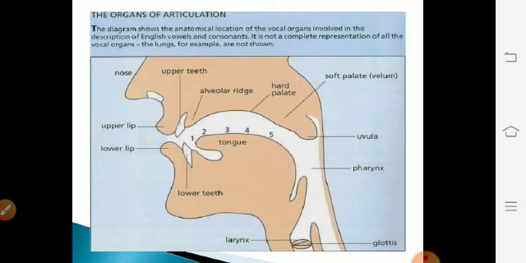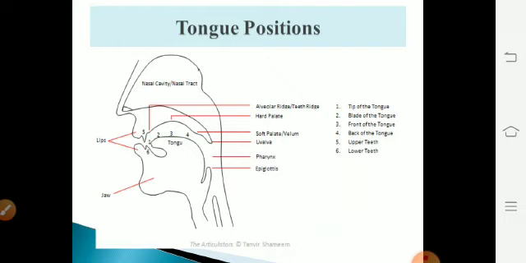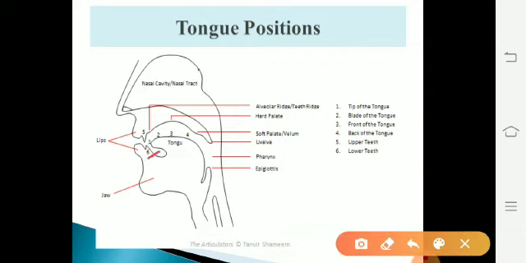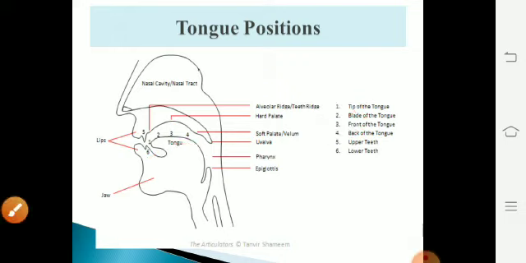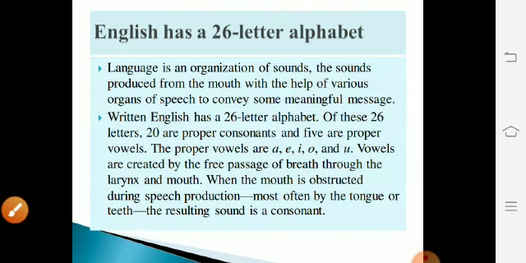One thing more to tell: the tongue positions in the diagram, 1, 2, 3, 4 position is given. That is the tip of the tongue, the blade of the tongue, the third one is the front of the tongue, and fourth is the back of the tongue. Then the fifth position is the root of the tongue. Okay, now we are going to move further.